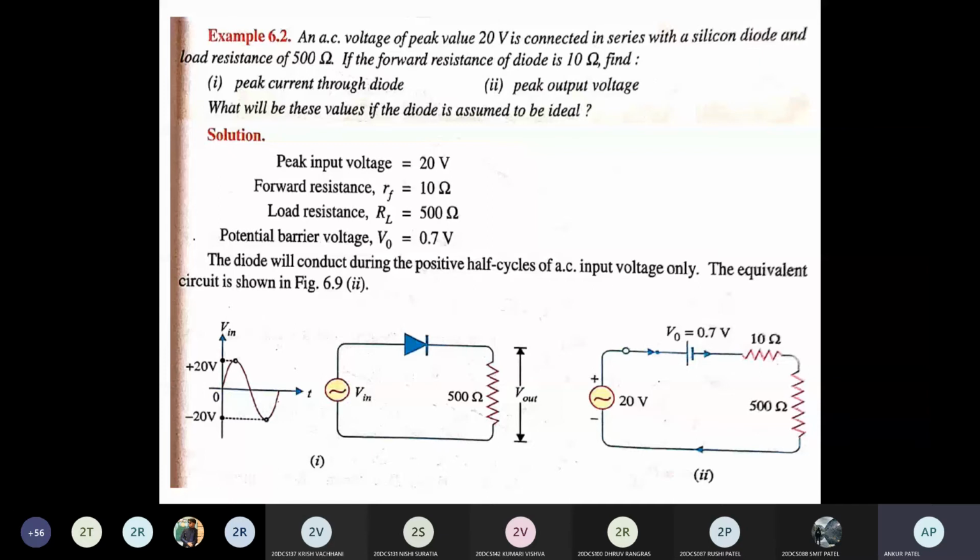For the 230 volt supply, 230 volt is the RMS value, whereas 230 into root 2 is the peak value of the circuit. So peak value and RMS value are different.